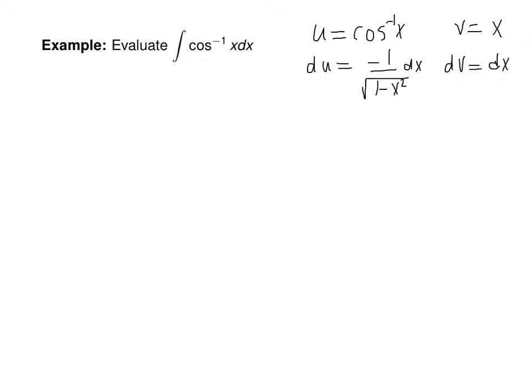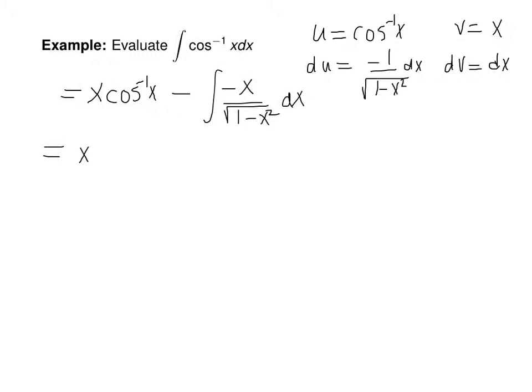So the antiderivative of cosine inverse x is x cosine inverse x minus the integral of negative x over root 1 minus x squared dx, or x cosine inverse of x plus the integral of x over the root of 1 minus x squared dx.